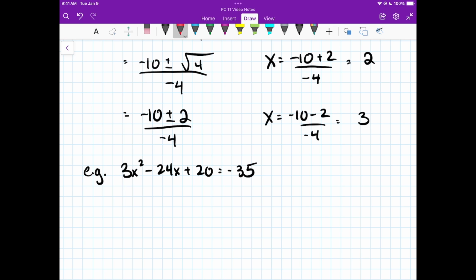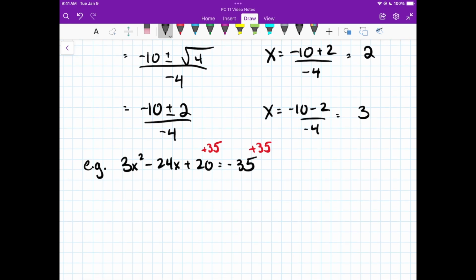We don't like having anything other than a 0 over there. So the first thing we need to do here is to add 35 to both sides. So we've got to make sure that equals 0. So once you've done that, you end up with 3x squared minus 24x plus 55 equals 0.